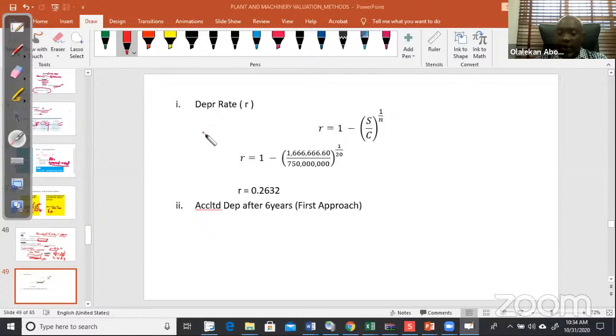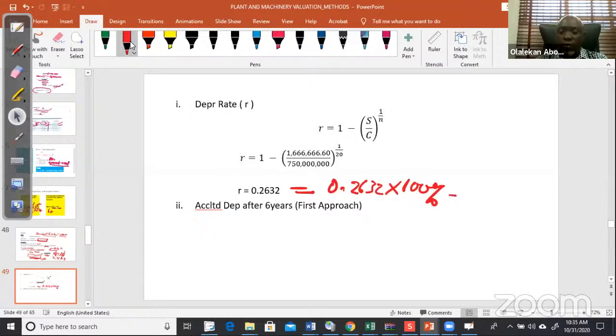If you want to convert this to a percentage, you multiply 0.2632 by 100%.